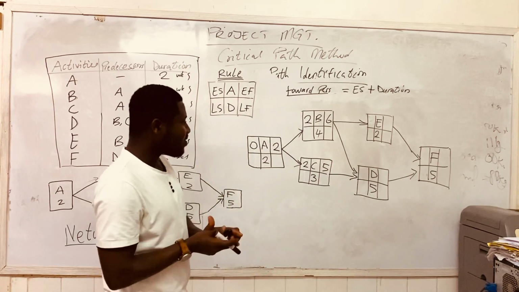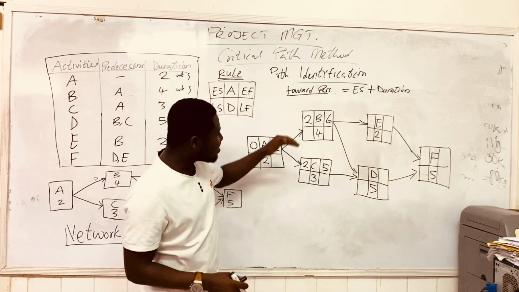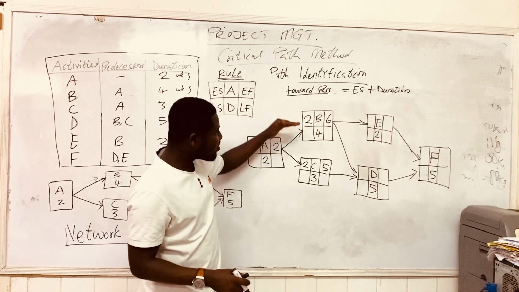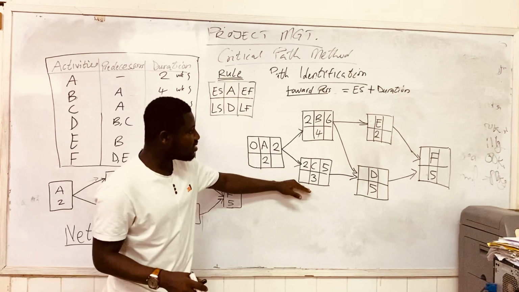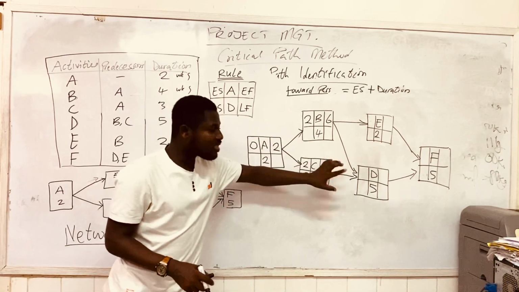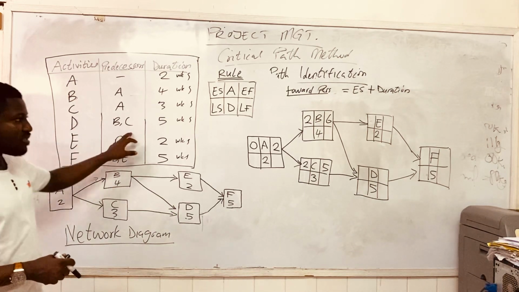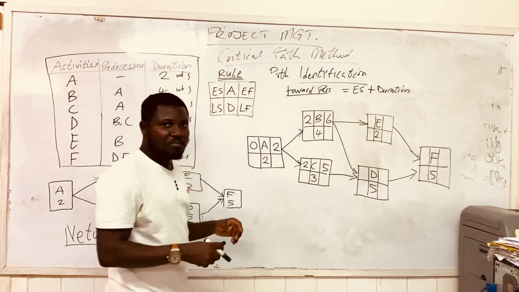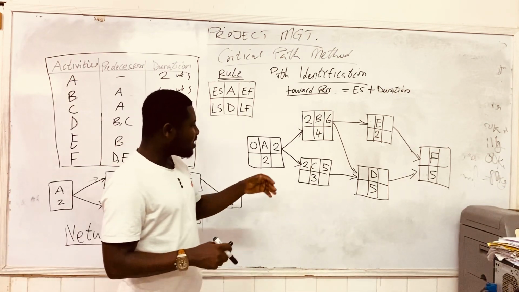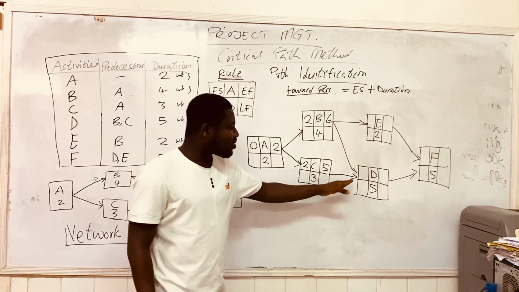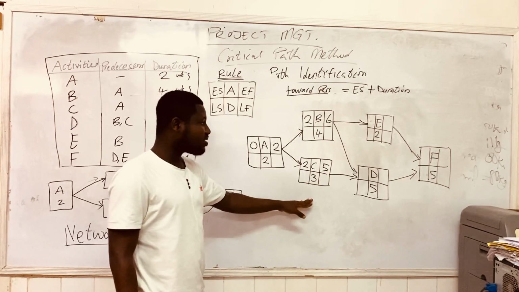Now let's take note of something here. For project D, we have project C and project B being the predecessors of one activity, which is D. The table says that D has predecessors B and C. Now, per the understanding of predecessor, a project can only start after the predecessor is completed.